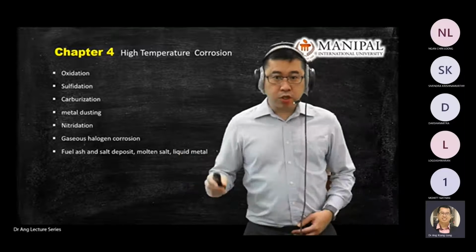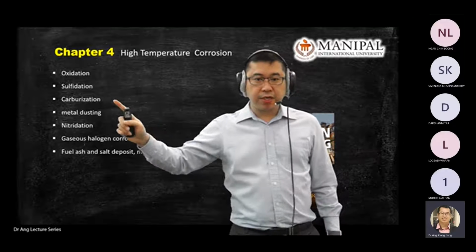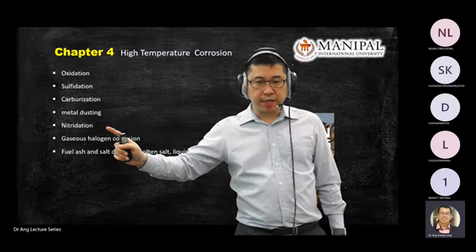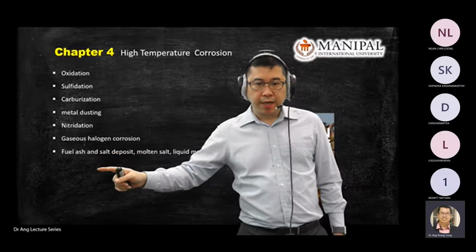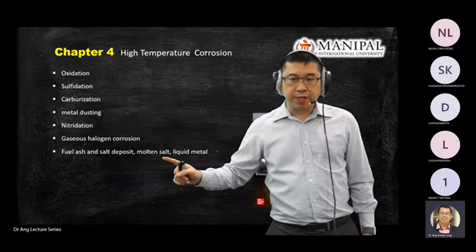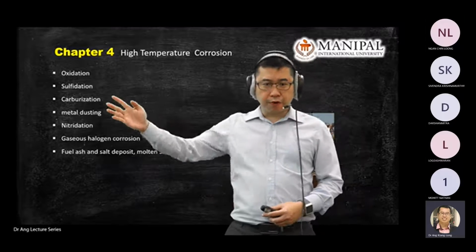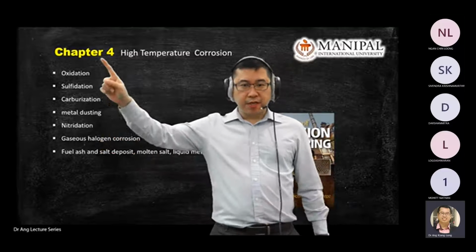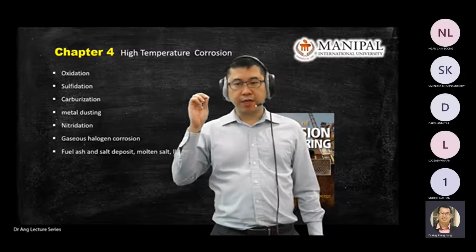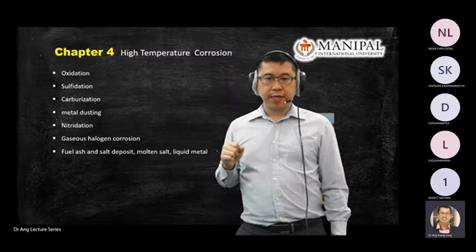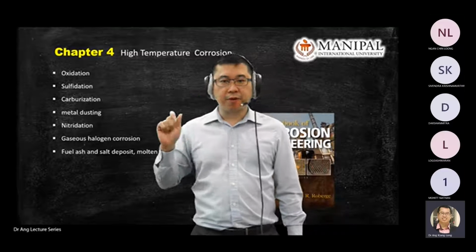Okay, so we'll talk about oxidation, sulfidation, carburization, metal dusting, nitration, halogen corrosion, and a few more: ash deposit, molten and liquid metal. From the wording itself, you know the first component, oxidation, will focus on oxygen and oxide, how oxide forms.